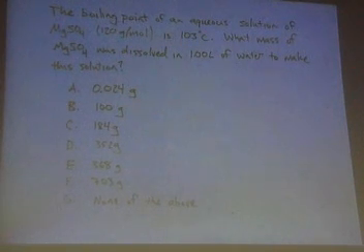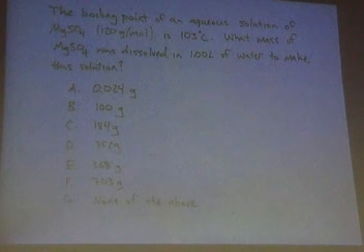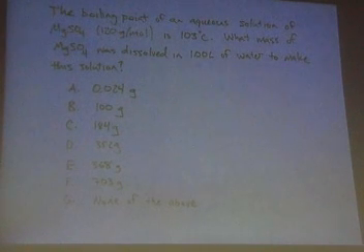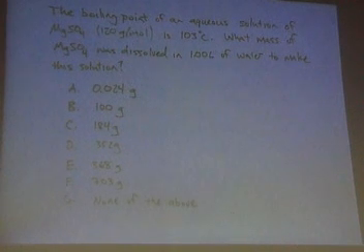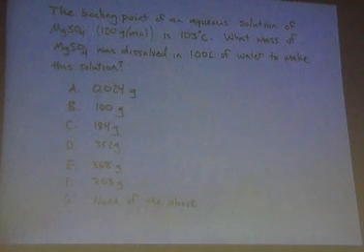Okay, so we've got a boiling point of an aqueous solution of magnesium sulfate. It's 103 degrees, and it's asking what mass of the salt is dissolved in the 1 liter of water to make this solution.